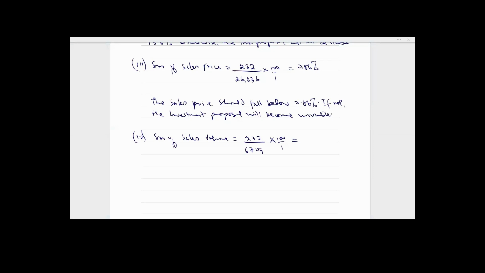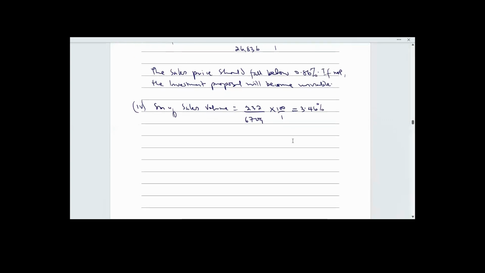Here is 3.46%, which means that the sales volume should not be allowed to fall below 3.46%.